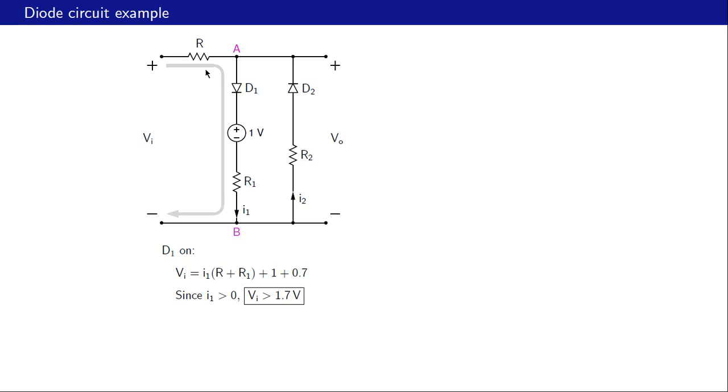Now this voltage drop across R is R times I1, because this same I1 is flowing through R as well. So we have I1 times R plus 1.7 plus I1 times R1. So that is our VI. And what it means is that VI must be greater than 1.7 volts, because this term can only be positive because the diode can only conduct in that direction. So therefore I1 must be positive.